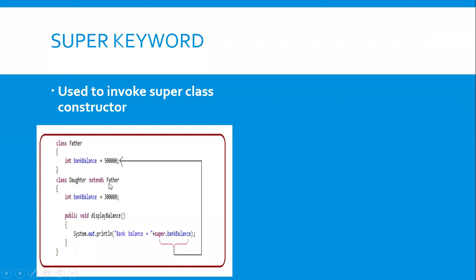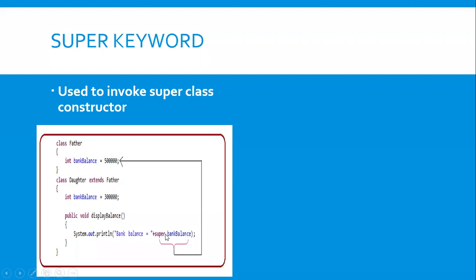So here, for example, the class called father, whose bank balance is 5 lakhs. Here, the daughter wants to access her father's bank balance. If the daughter wants to take the father's bank balance, then you can simply say super dot bank balance.